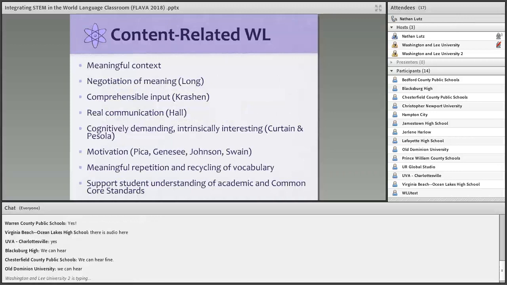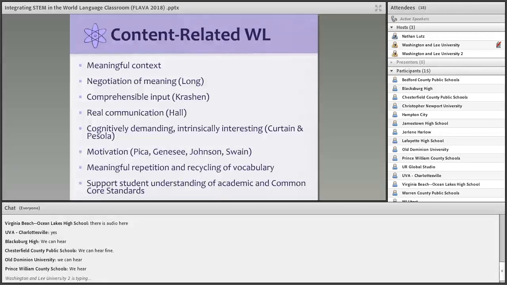So content-related world language instruction is not at all a new topic by any means. It's been around for years and years. And in fact, in Canada, in their world language system there, it has really been around for quite some time.